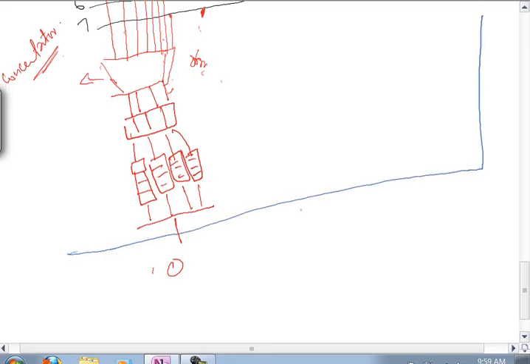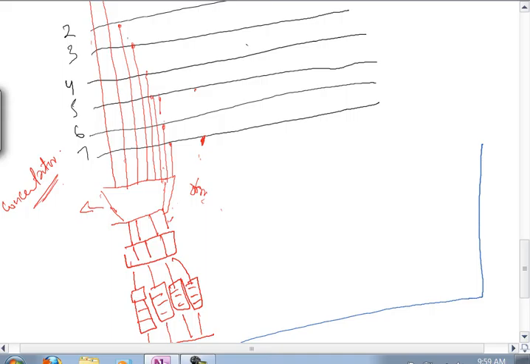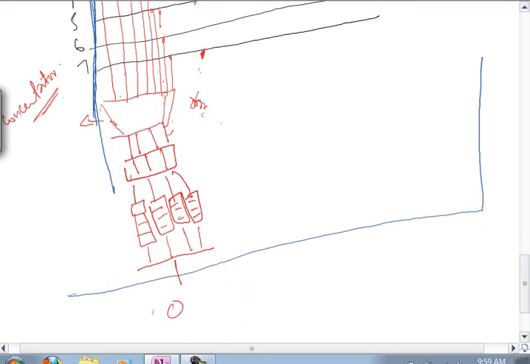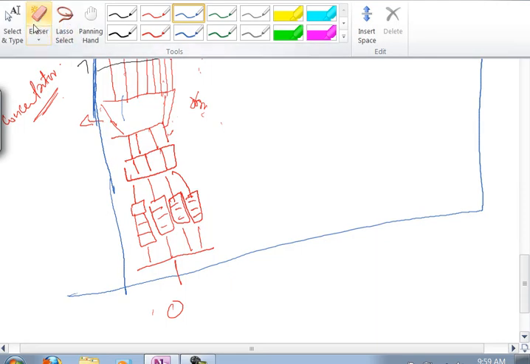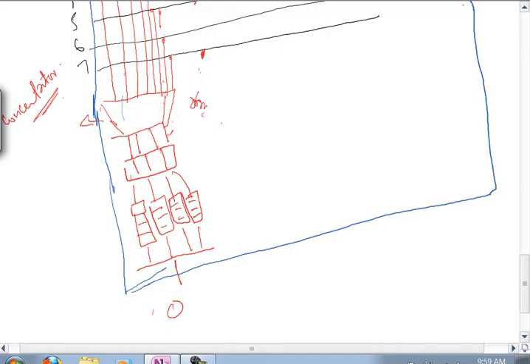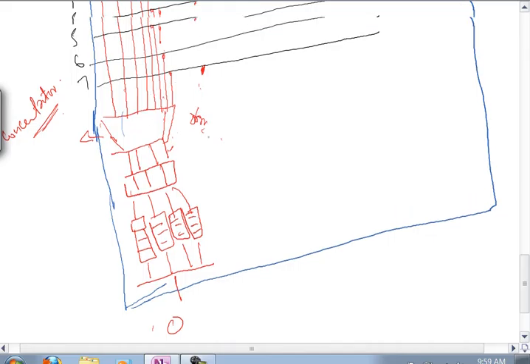This is your switching fabric, and these are your inputs coming from here. And outputs going, inputs are coming to the switch.